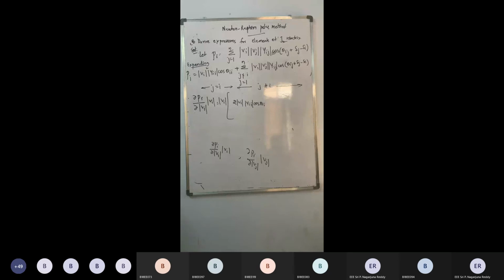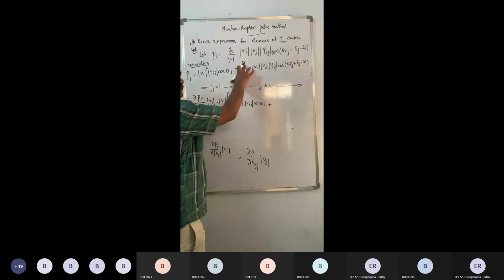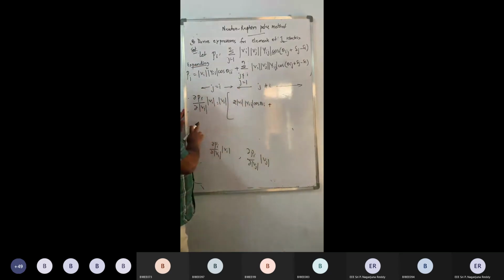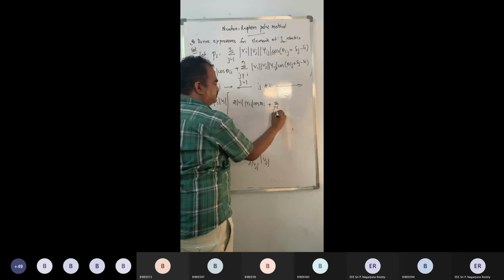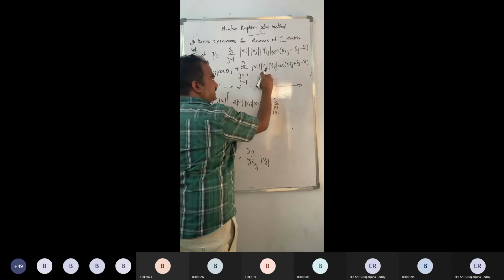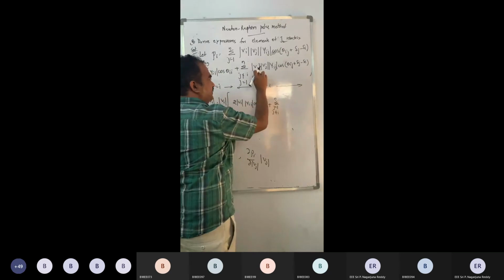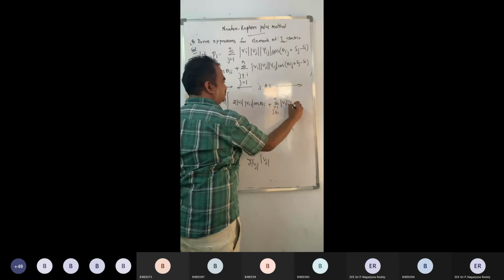Isn't it? Here I do have Vi square. So when I differentiate with respect to Vi, I will be getting 2Vi. Plus sigma remains the same because it is of J and I am differentiating with respect to I. So sigma remains the same. Now this entire term will become constant. Vi with respect to Vi is 1.